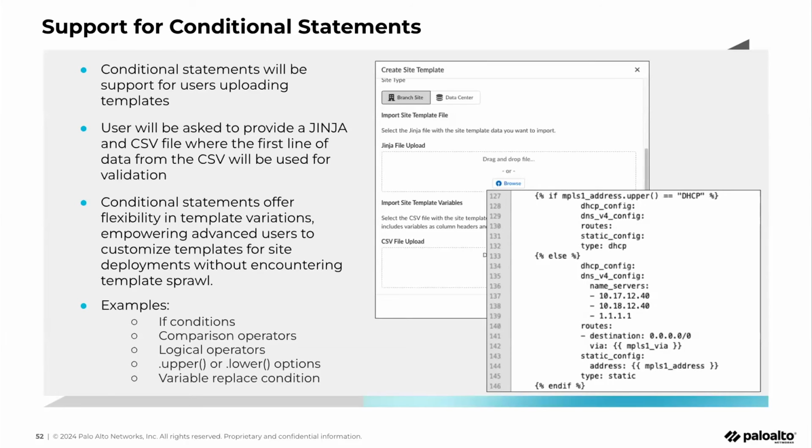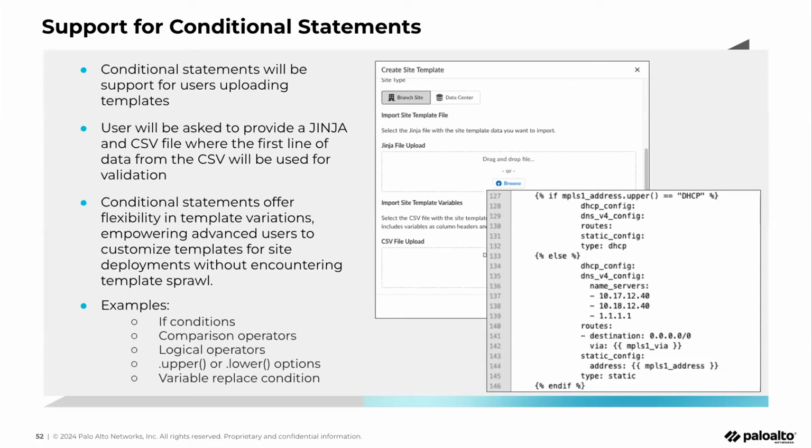So in certain deployments, customers like flexibility of saying, hey, yes, my standard deployment is always going to be, let's say, an ION 3200, but in one site it's a static IP, and the other site maybe it's a DHCP. I'd rather not create two templates for that. Conditional statements basically allow us to provide a little more flexibility when things start being modified slightly from branch to branch, right? So we can leverage these in templates. Professional services are absolutely able to help, as well.